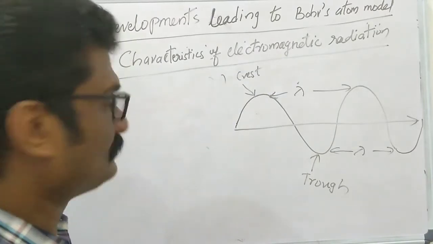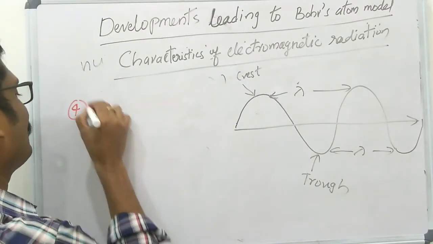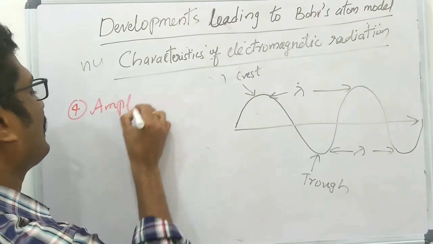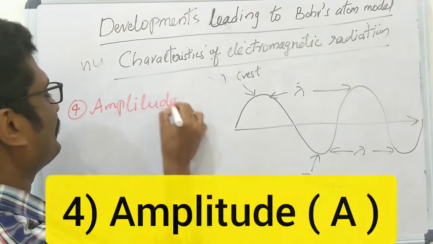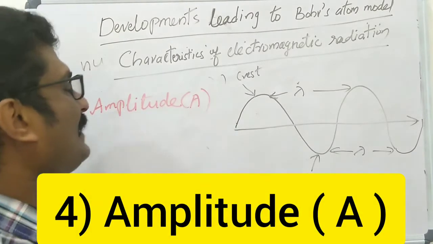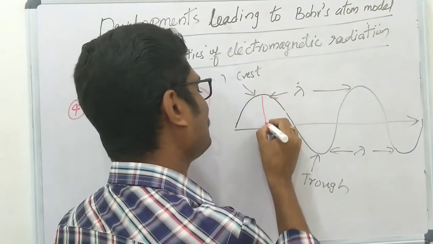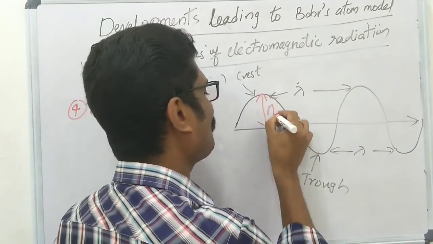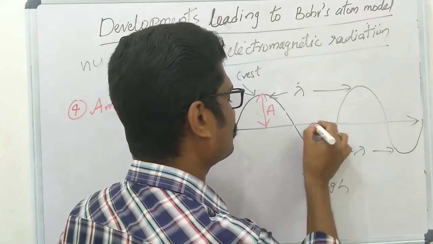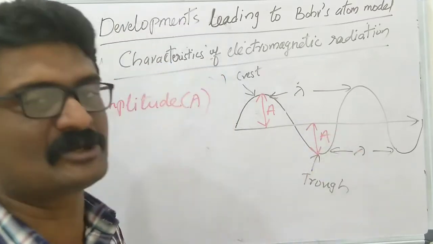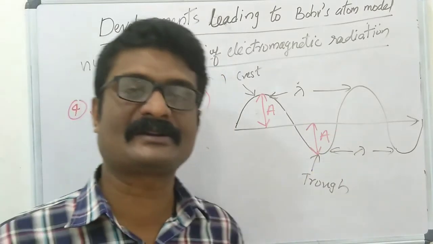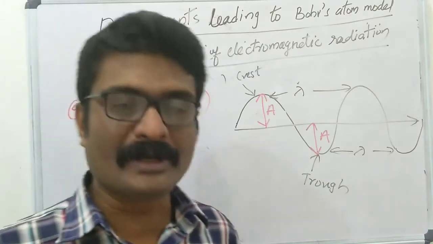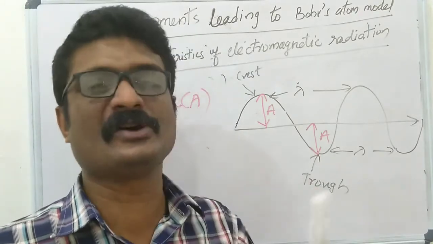Next, number 4, amplitude of a wave. Its symbol is A. Amplitude of a wave is the height of a crest or depth of a trough of a wave. Amplitude determines the intensity of wave.